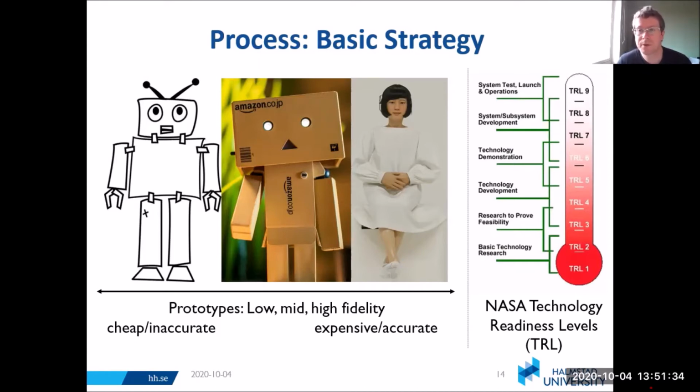So NASA has come out with a system of technology readiness levels that you can see on the right. I've heard, though, that companies sometimes define these levels in different ways, so there can still be a little bit of miscommunication. But basically, at the bottom, we've got prototypes and research, and then at the top, it's really finished products.